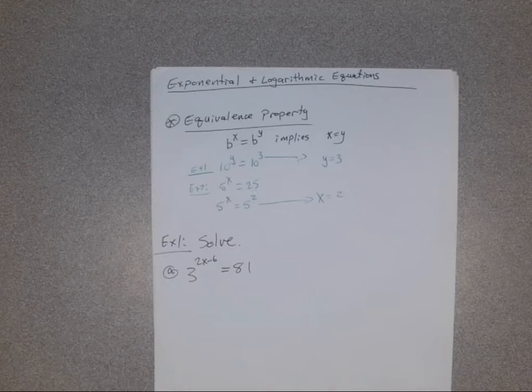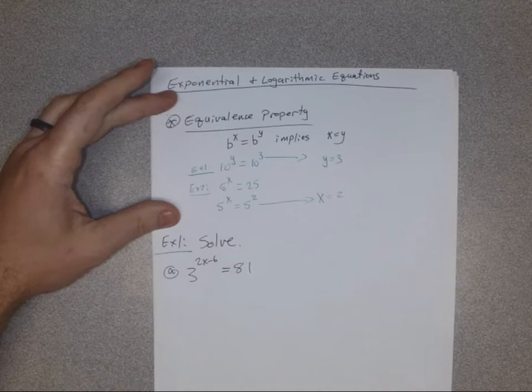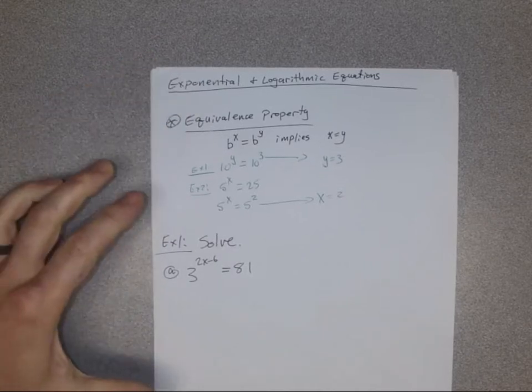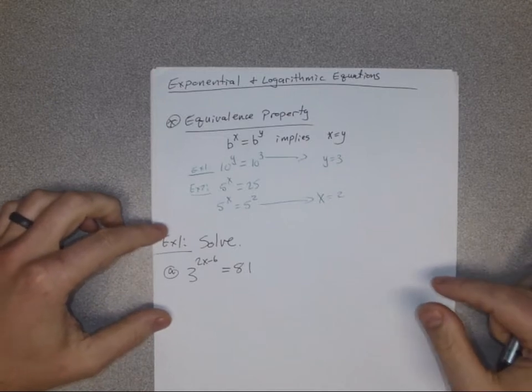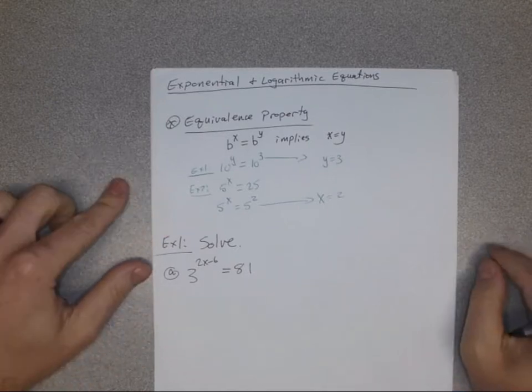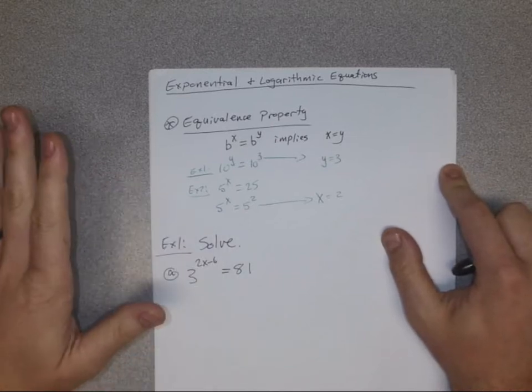And here we're going to start with using this equivalence property that I just showed you. This is the easiest way to work one of these problems, by making the bases the same. So always check that first. If you can make the bases the same, then it makes the whole problem a lot easier.